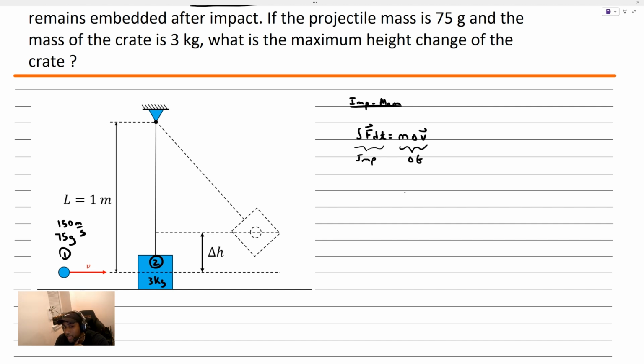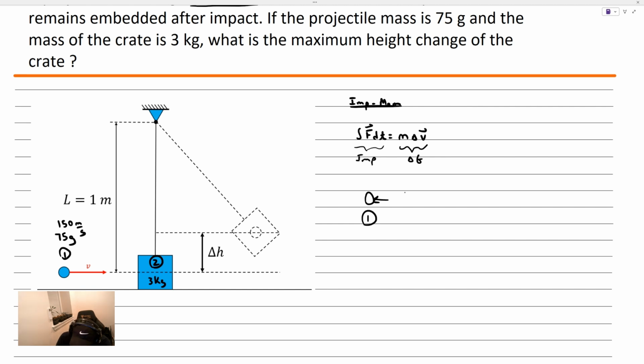What's special about the impulse momentum principle is that when we look at the combined system, we have zero impulse, and we can say that we have conservation of momentum, meaning the momentum before the impact is equal to the momentum after the impact. The reason we can't just look at the ball is that the ball has no impulse on it until it collides with the crate, and at that point it would have an impulsive force, a force that's changing in time when it's impacting.